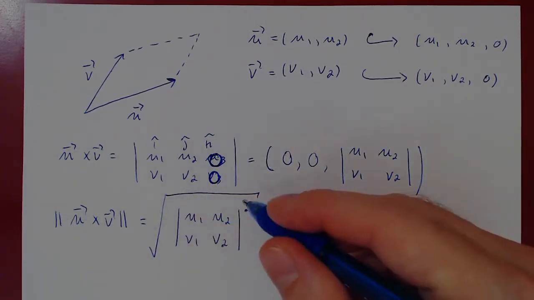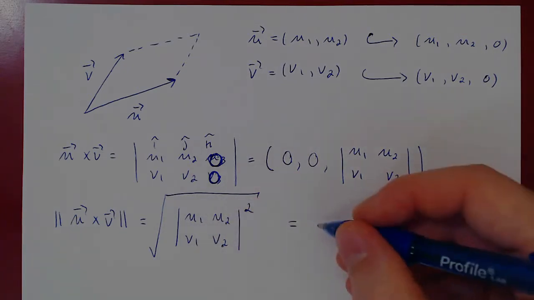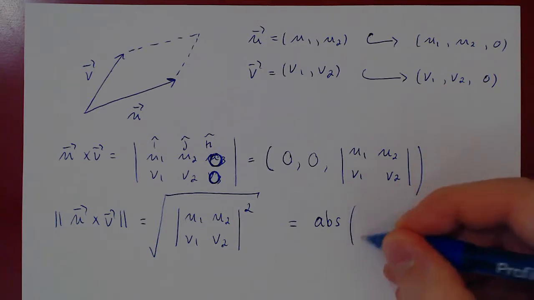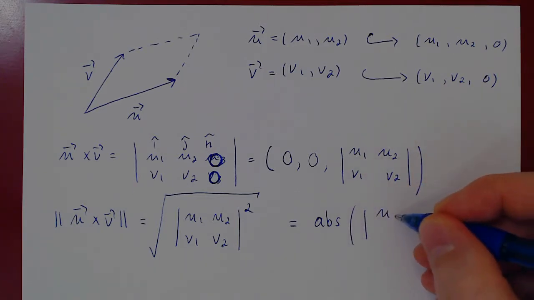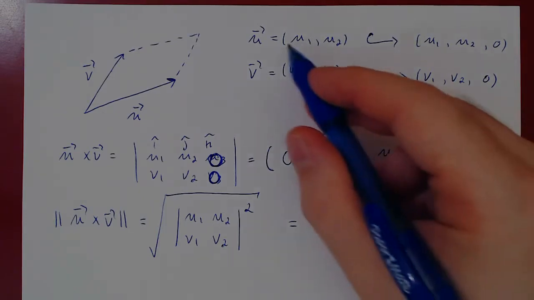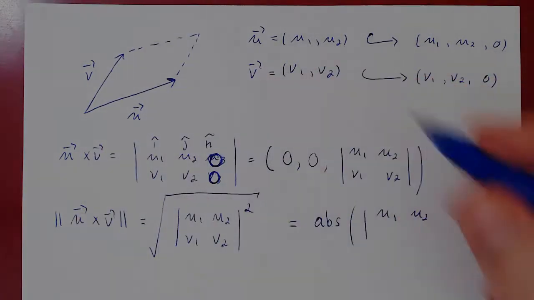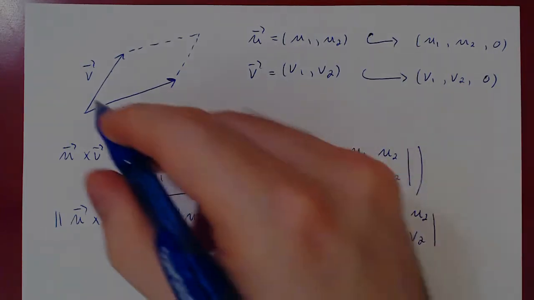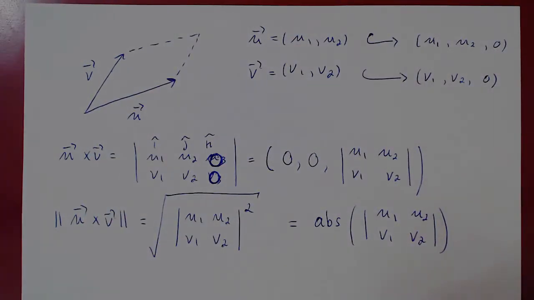Therefore, this is the absolute value of the determinant. And I'll write ABS for absolute value of the determinant of the matrix whose first row are the coordinates of vector u, the first vector, and whose second row are the coordinates of the second vector, vector v.